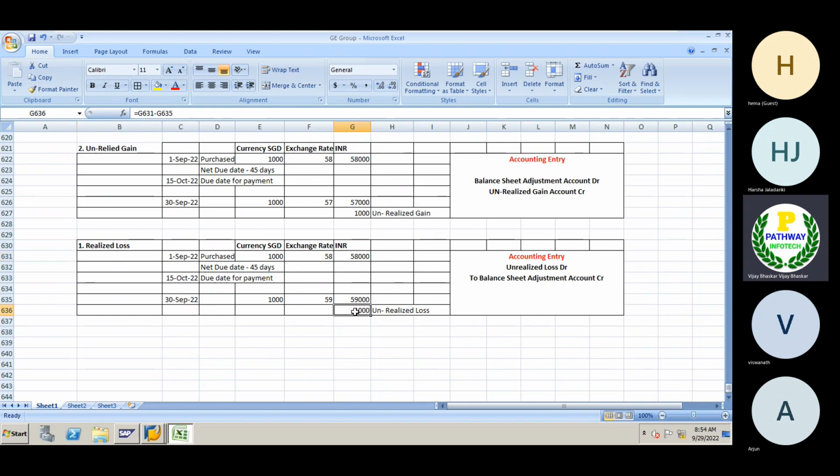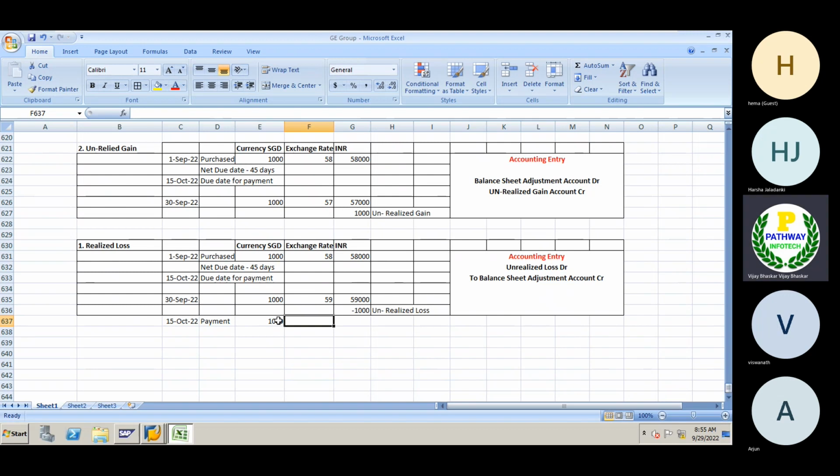Okay, this is the month end. Then when I make the payment, on 15th of October 2022, I am making the payment to the vendor. The currency is the same, Singapore dollars, same 1000 Singapore dollars only.